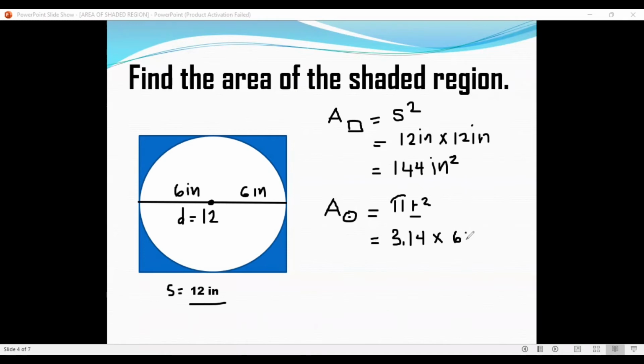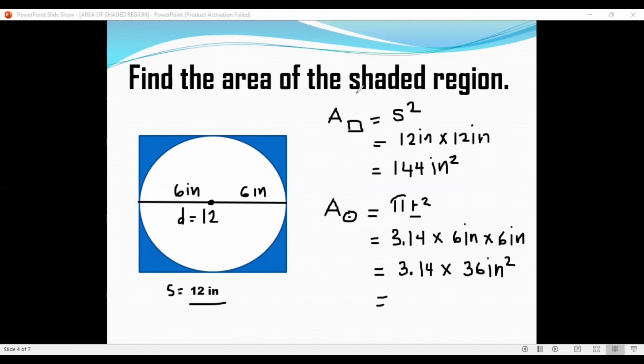Therefore, this will be 3.14 times 6 inches times 6 inches. 6 times 6 is 36. We just copy the 3.14, and of course, the unit of measure is inches square.